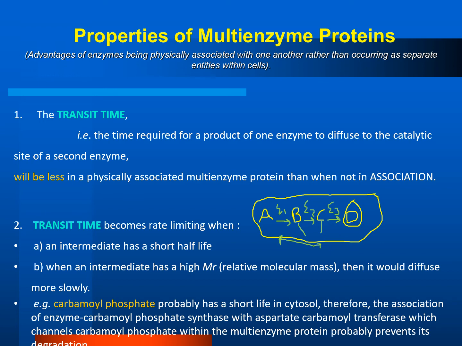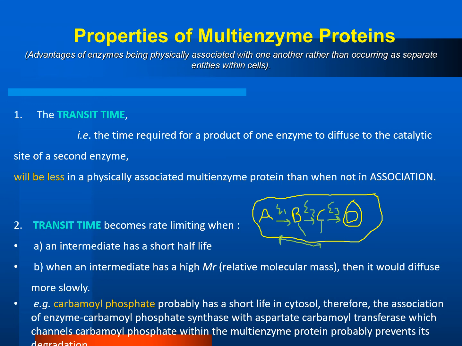Therefore, the association of the enzyme carbamoyl phosphate synthase with aspartate carbamoyl transferase, which channels carbamoyl phosphate within the multi-enzyme protein, probably prevents its degradation. So carbamoyl phosphate, which has a very short half-life in cytosol, could be degraded before it is accessed by its catalytic center.